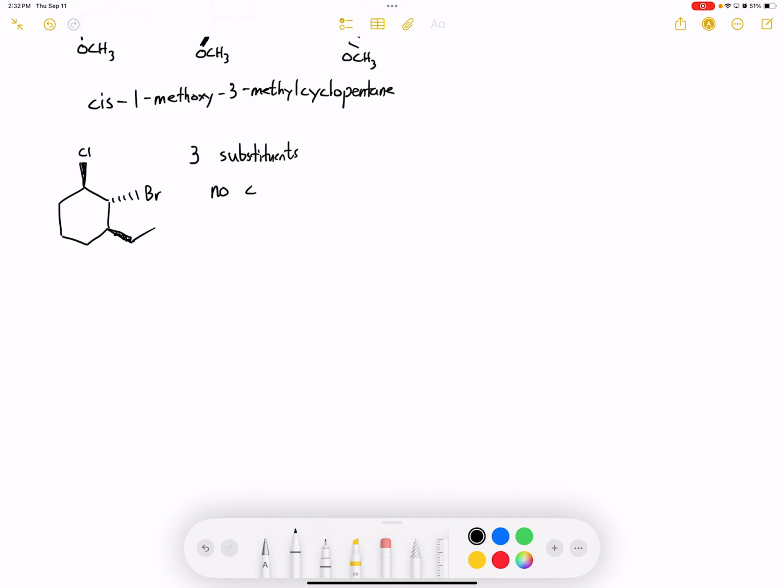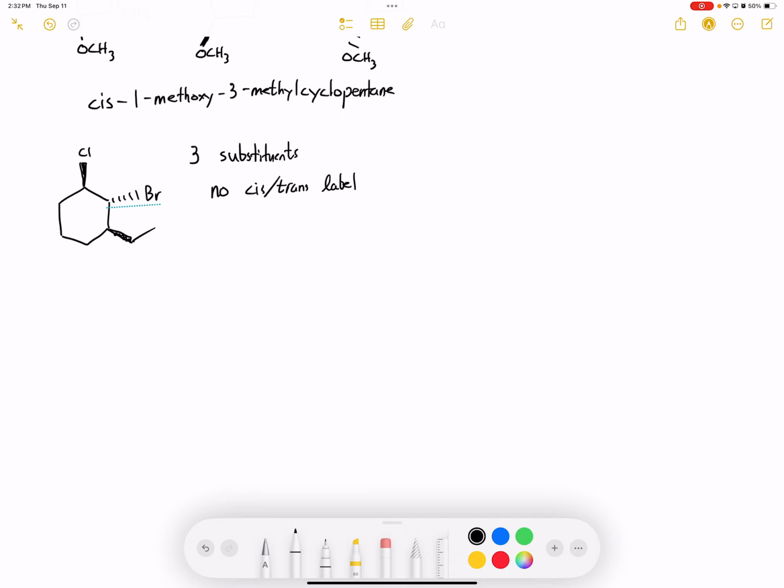So no cis or trans label, because it'd be like, which one are you referring to? One could be cis, one could be trans, right? So you can't have both of them in the same name. The only way we could name this is without the label.